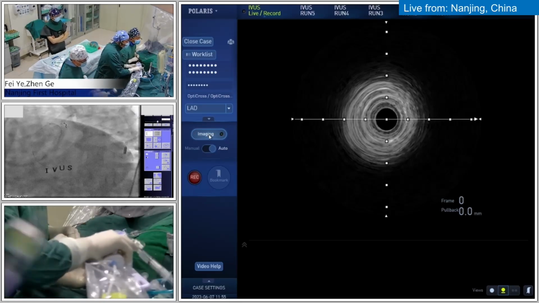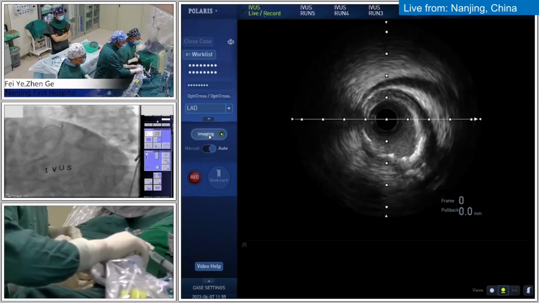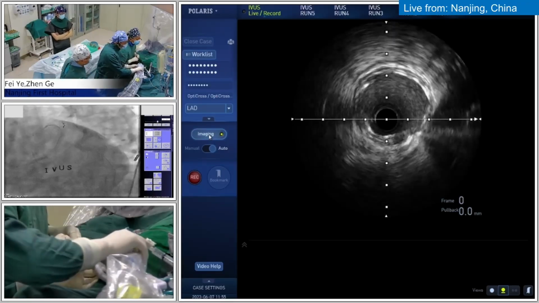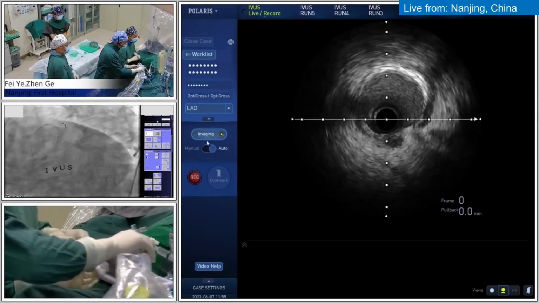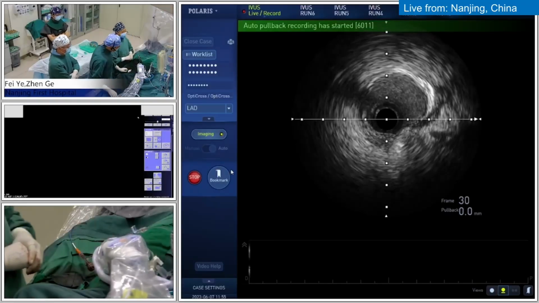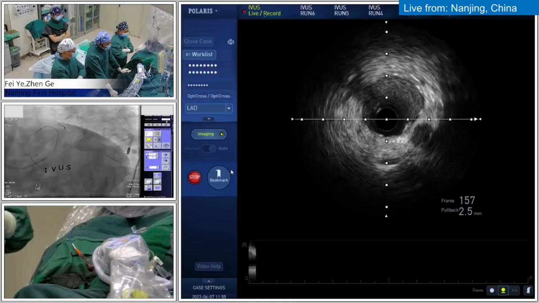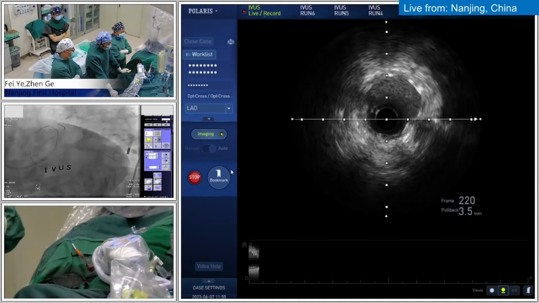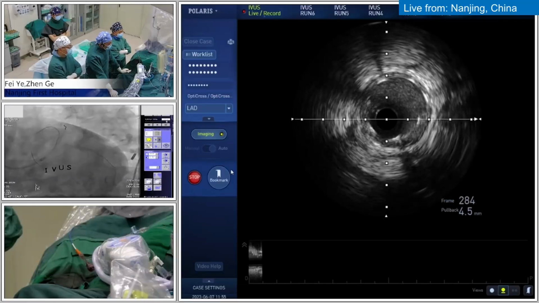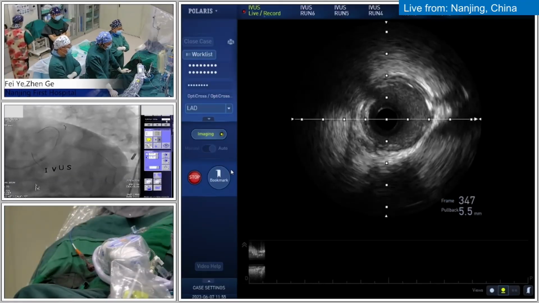IVUS. Open it. Here in the stent. Please go more distal. Okay, I will pull back. This vessel is normal. The distal stent edge is normal, no dissection, and the plaque burden is not more than 50%.